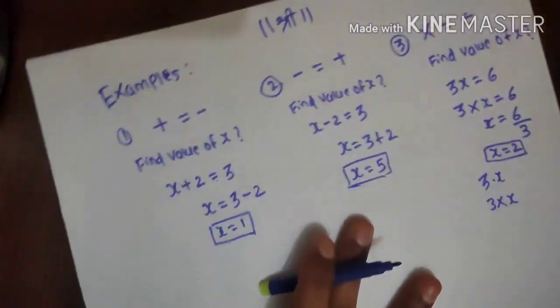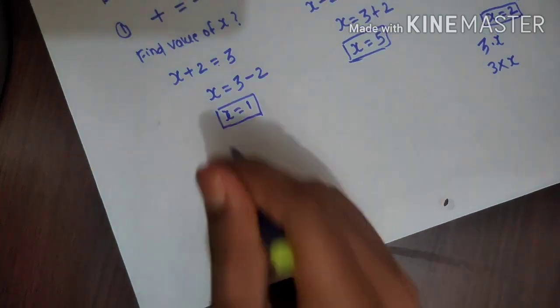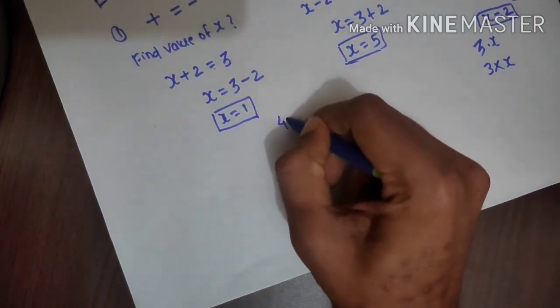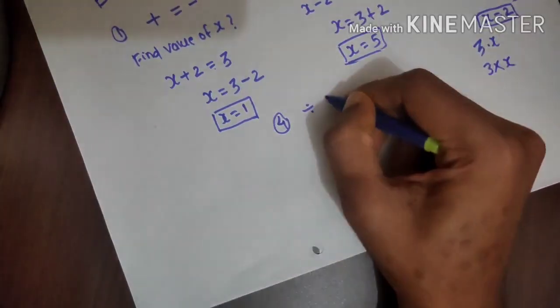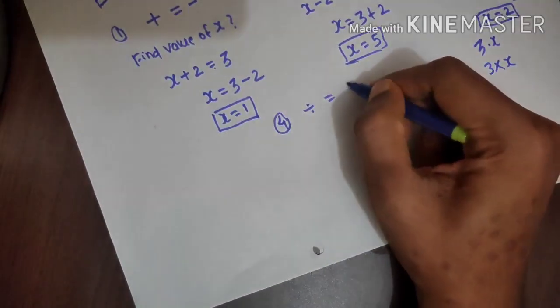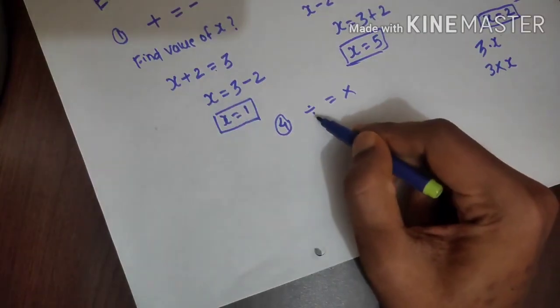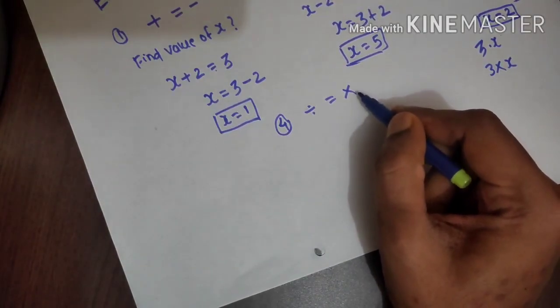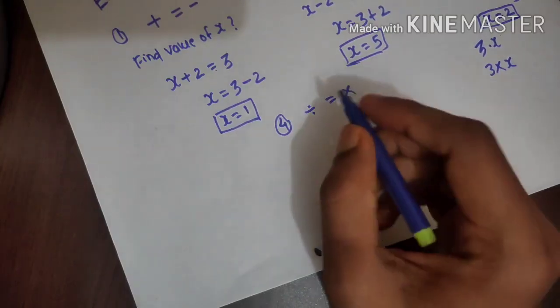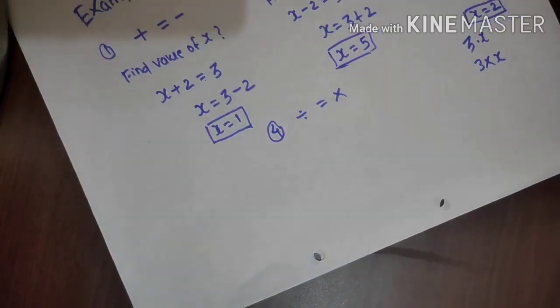Now let's see fourth rule. Fourth rule is division is equal to multiplication. Means when we move division from left side to the right side, it becomes multiplication. It is very easy. Here let's take an example.